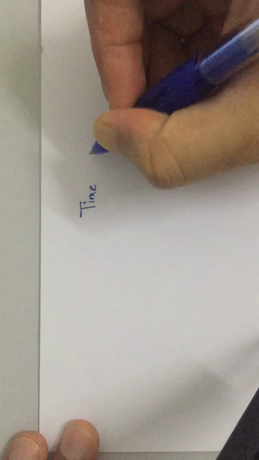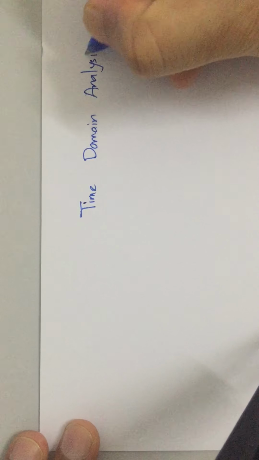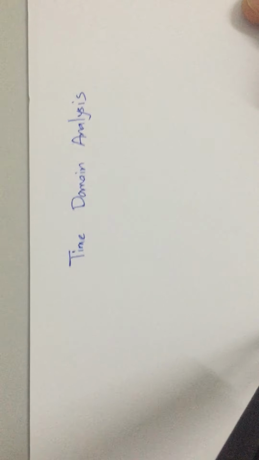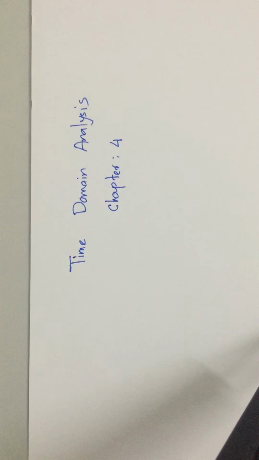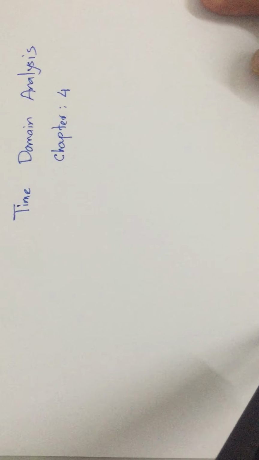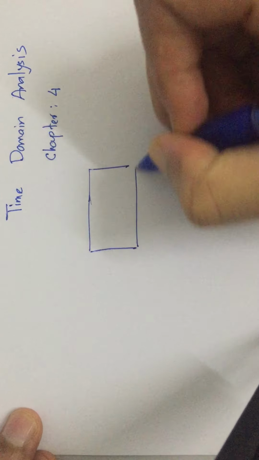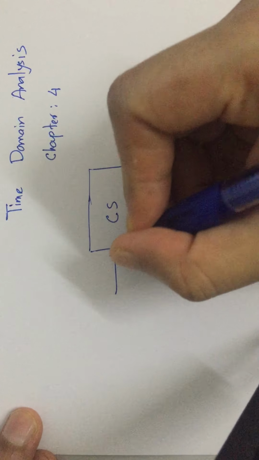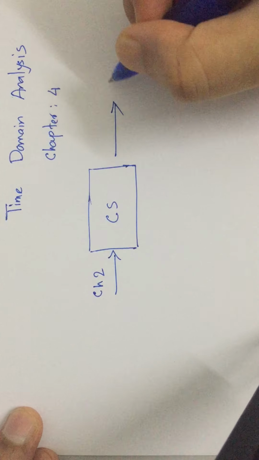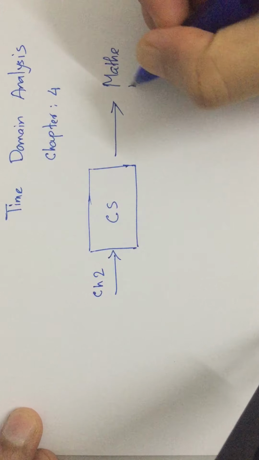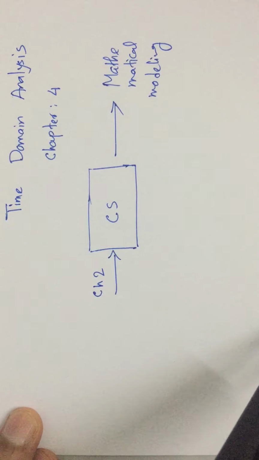Today we're studying time domain analysis, chapter 4. What we have learned from chapter 2 is we had a control system, and we have done the mathematical modeling of the system.